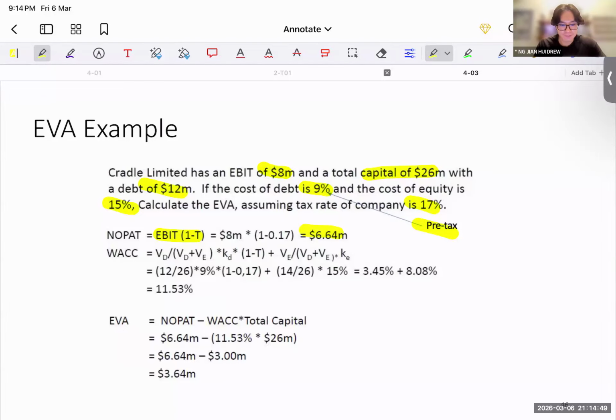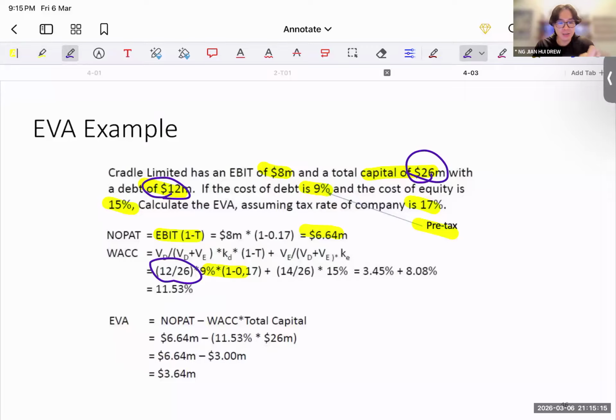This is your NOPAT. Our WACC, on the other hand, we just take the cost of debt, 9% times 1 minus the tax rate, times the value of the debt divided by total capital. Total capital is given by 26, debt is 12, so 12 divided by 26.